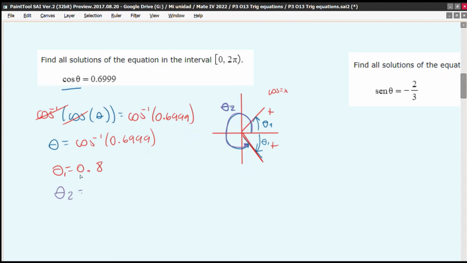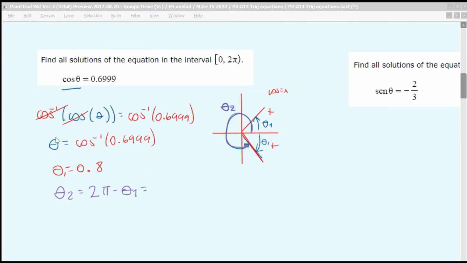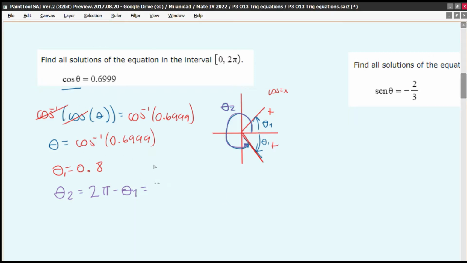So theta 2 is a full spin, and how much is a full spin in radians? 2 pi minus theta 1. And according to my calculator, 2 pi minus theta 1 is 5.49. So that is a value in radians for my other angle.